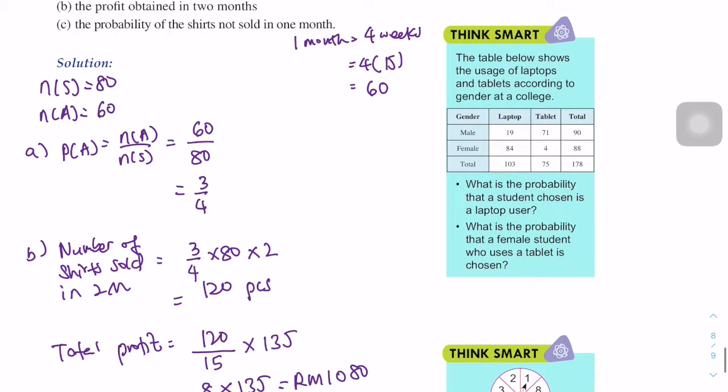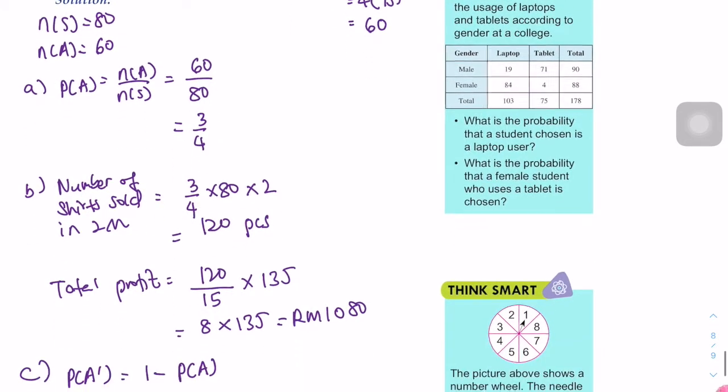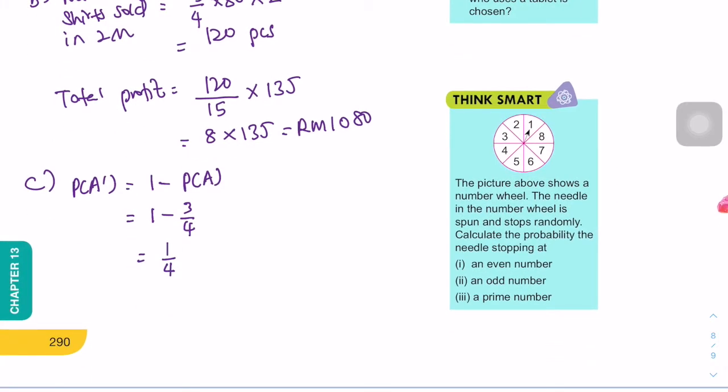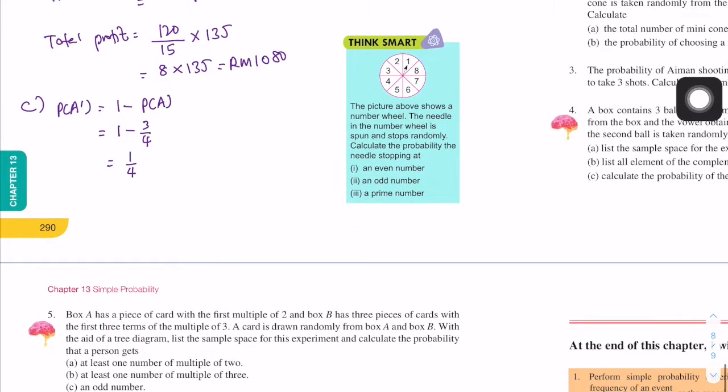The question only asks for probability, right? Okay, saya tambah satu lagi, just in case the question wants us to find the number of shirts not sold in 1 month. If you have the probability and you want to find the number, you just simply take your probability 1/4 times n(S), the total number of samples.